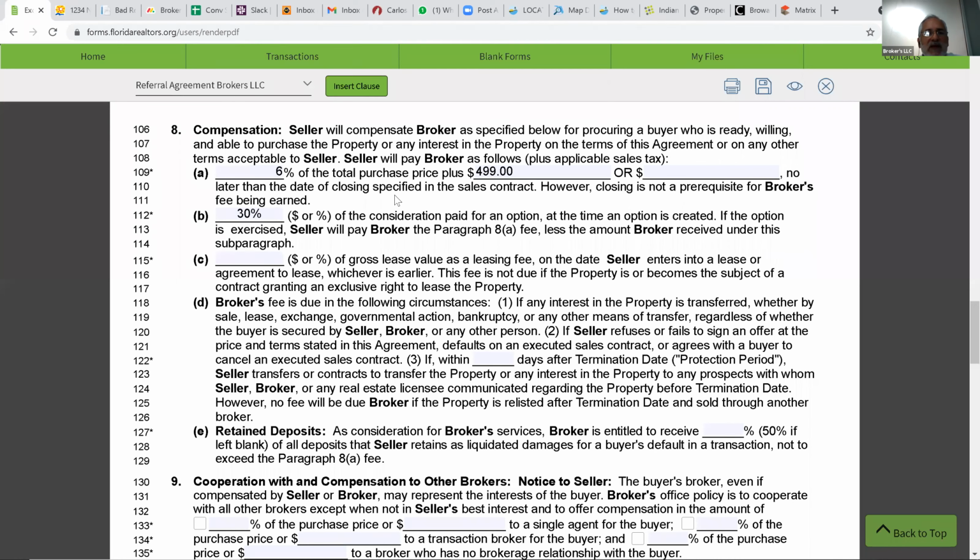So this 30%, let's assume that this buyer is putting $20,000 in consideration to get the option accepted by the seller. Those $20,000 will go to the seller except the 30%. So $6,000 are going to be paid to me when the lease is accepted and the option is paid. That means that I'm getting $6,000 from the 6% commission that I'm going to get at the end of the lease.